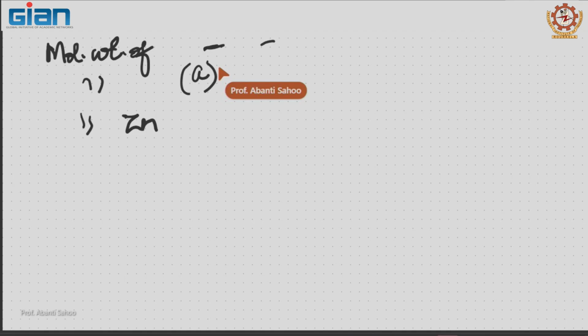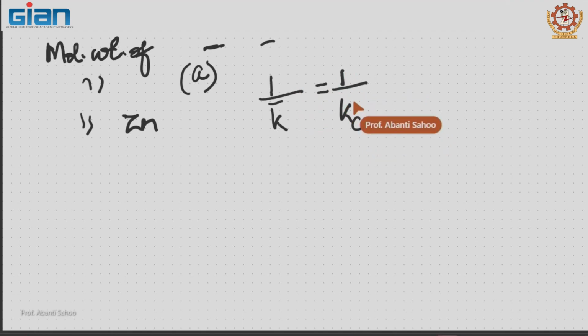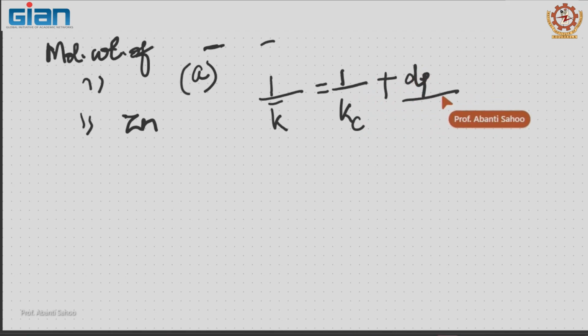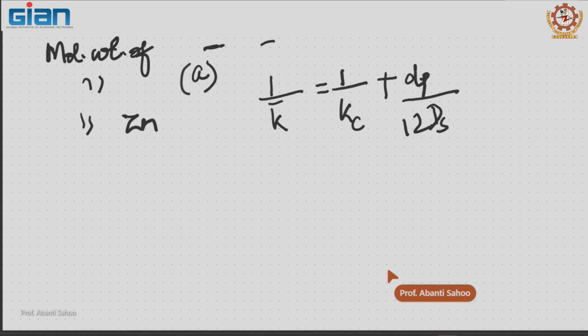Now, in the shrinking core model, the overall reaction rate is given by 1 by k bar equal to 1 by k c, the reaction rate constant, plus d p by 12 D s, where D s is the diffusivity.